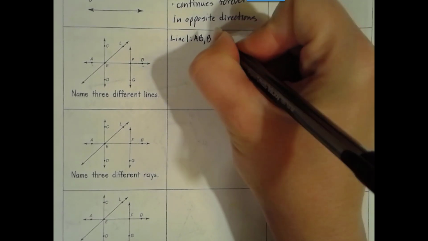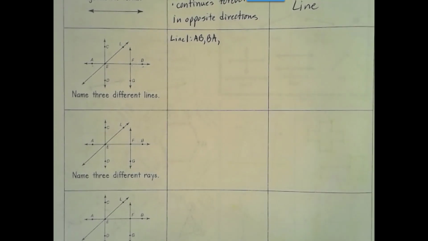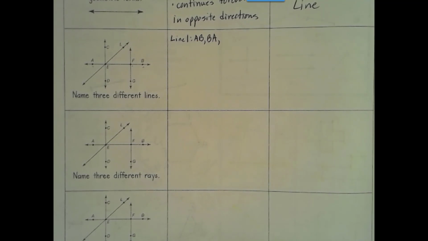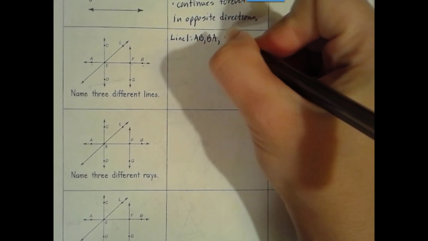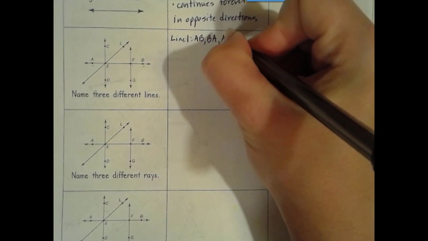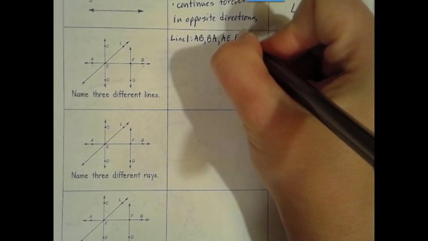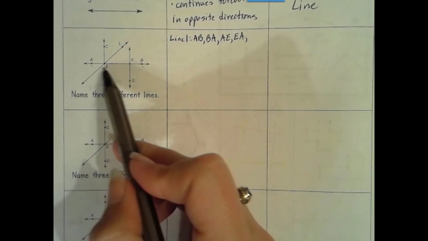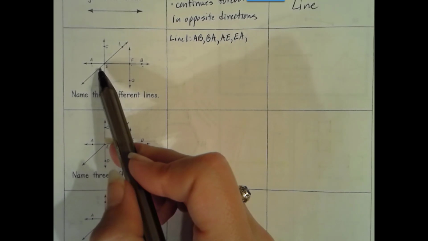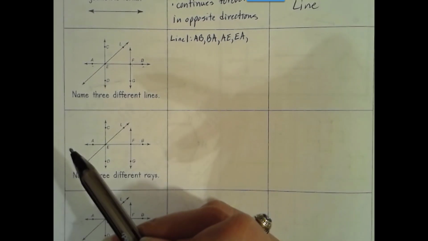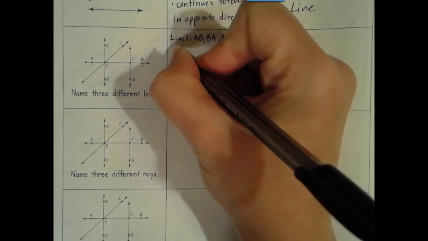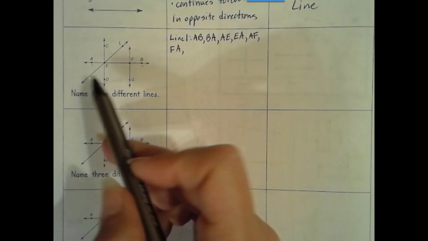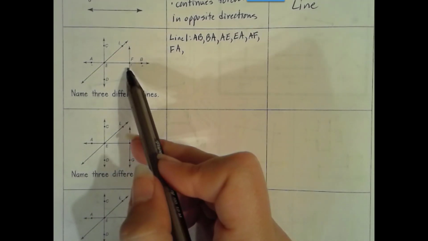I can also switch them, BA. When it's a line, the order doesn't matter because both ends continue forever. They're not endpoints. I could call it AE, EA, because those are both on that line. I could call it AF or FA, because they're both on that line.